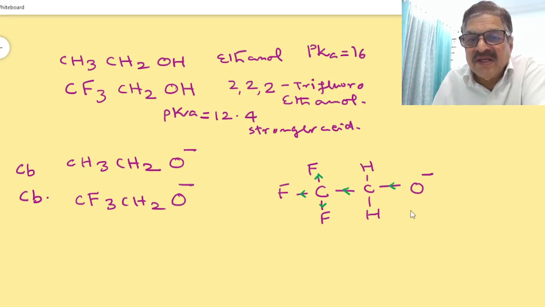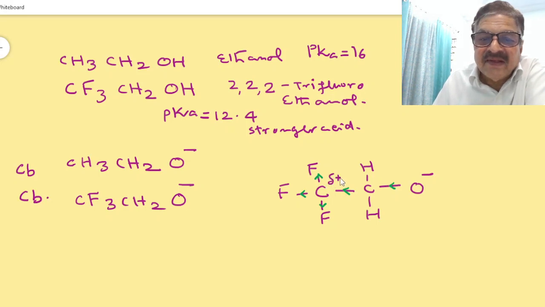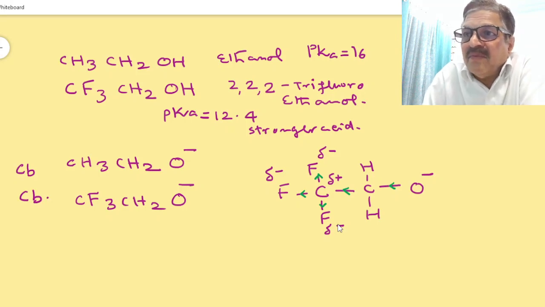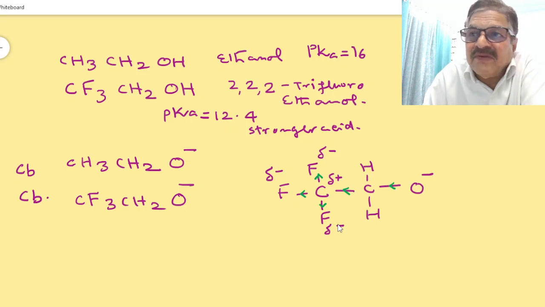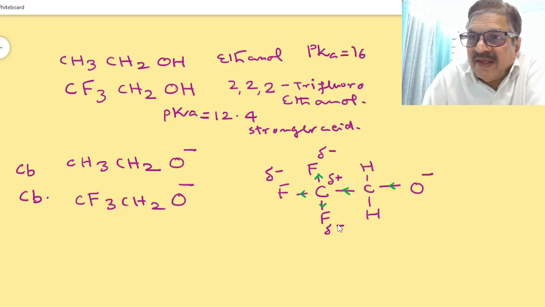There is an electron deficient carbon, so here there will be a partial positive charge, and here partially negative. That electron deficient carbon atom is pulling the electron density through sigma bonds from the negatively charged oxygen atom.